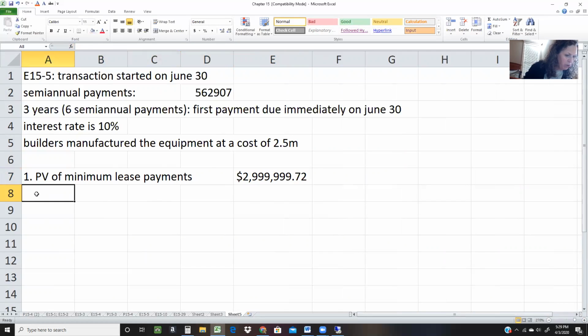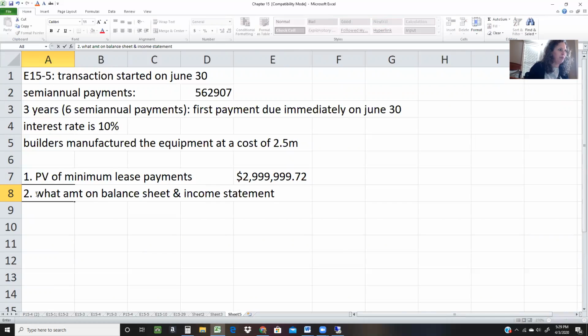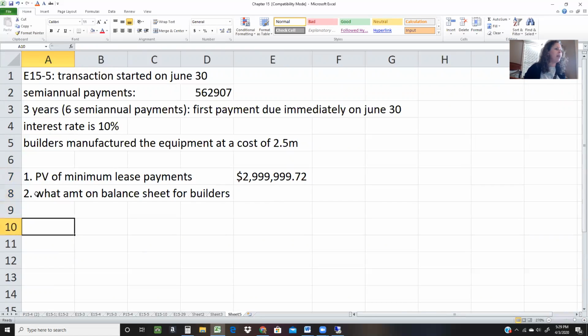So then it says what amount would be on the balance sheet for this, so on December 31 of 18, and income statement? So let's just do balance sheet first, for Builders. Now, Builders is the person who made it, okay?